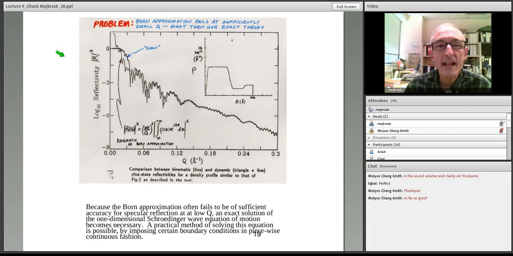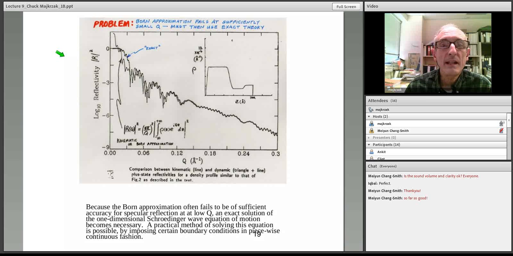But since the scattering is so strong there, the Born approximation, which assumes that the wave function is not very significantly distorted entering the medium, is in fact not a very good approximation at all.